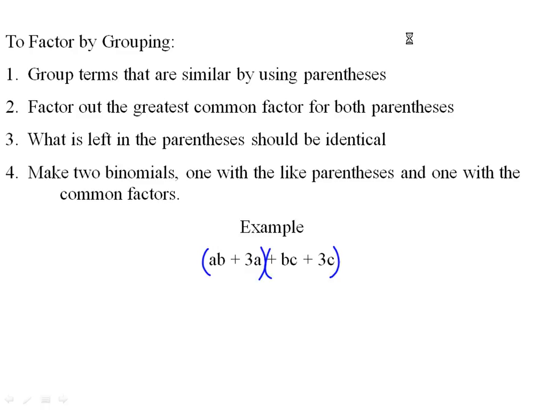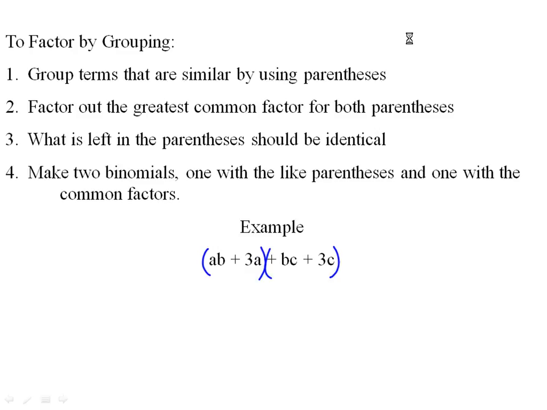It's memorization. Okay? So, look at this. The first step is to group the first 2 terms and the last 2 terms. Notice when I grouped these last 2 terms, I included the sign. That's very important. Make sure you include this middle sign with that second grouping. Don't leave it out. Okay?